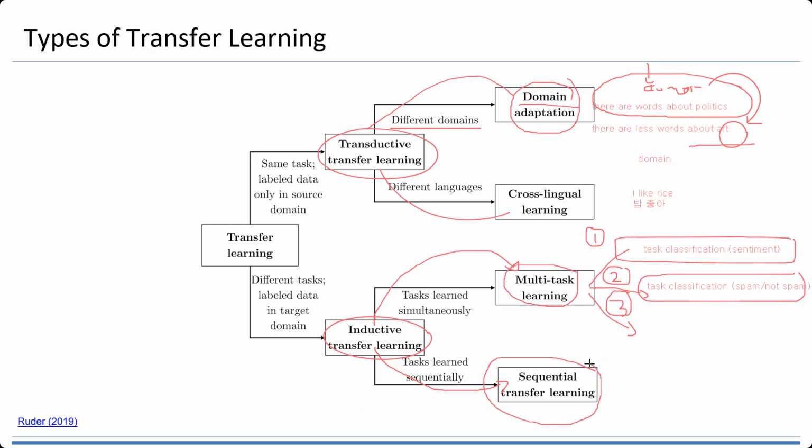The sequential transfer learning. The sequential transfer learning means, I think one of your team projects uses this one. Let's say I have input and then I want to do topic modeling, because I do not know what the topic of this text is. After I know the topic, I want to do the text classification.